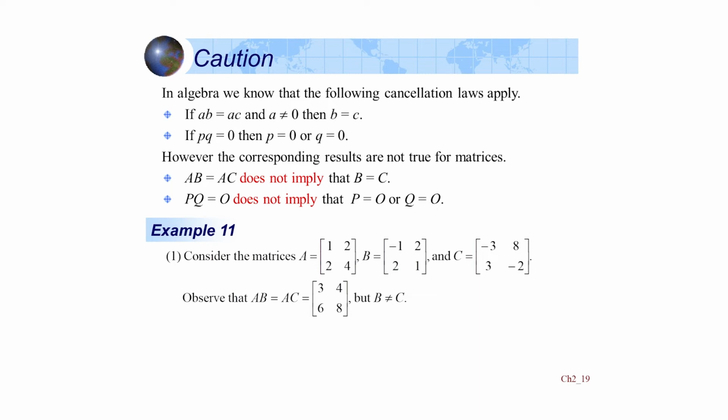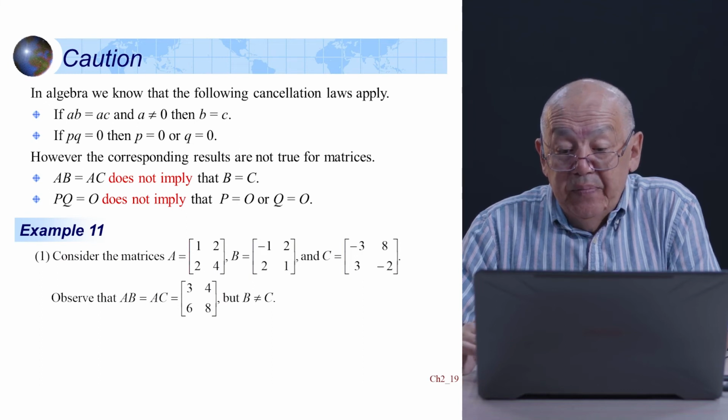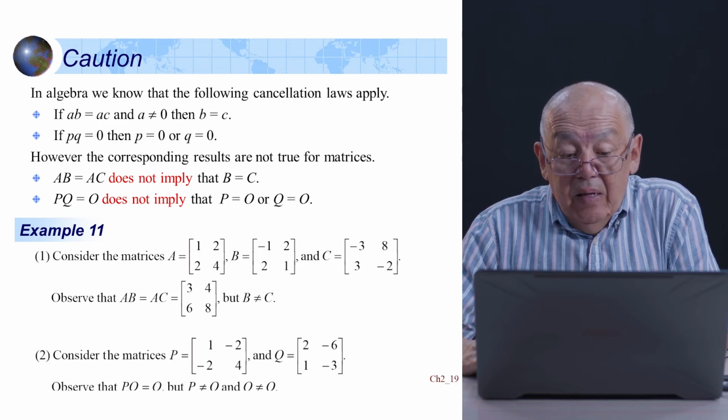If you apply the rules of matrix multiplication, you see that they are both equal to the matrix 3, 4, 6, 8. But B and C are not equal. Remember the notion of when matrices are equal.